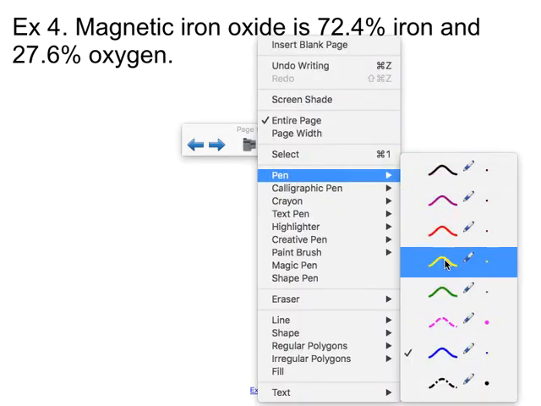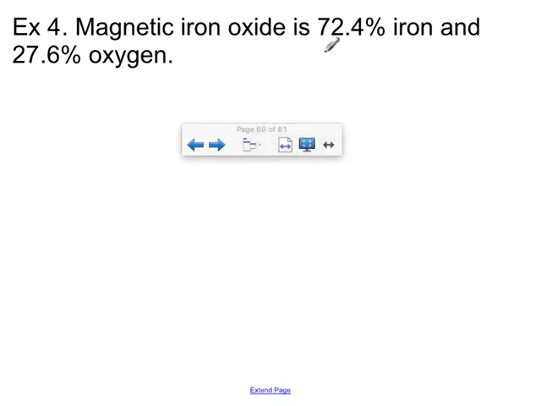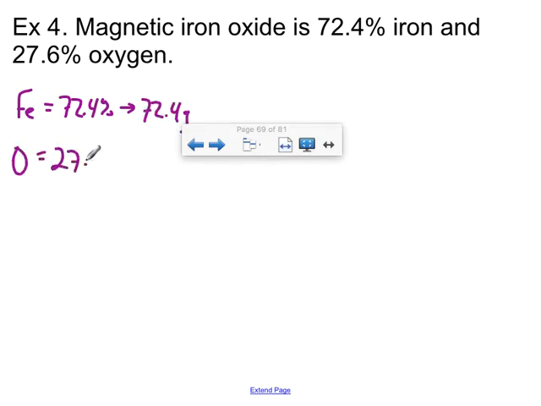So first step, assume your percentage to grams. So iron is Fe. 72.4% means I have 72.4 grams, and oxygen 27.6% means I got 27.6 grams.